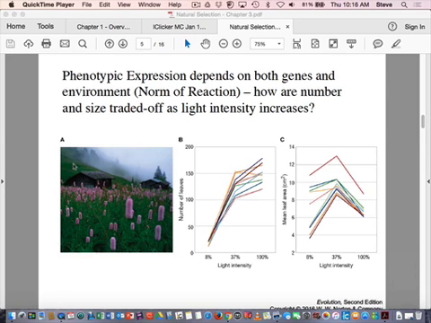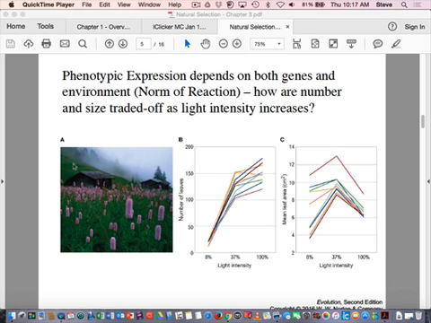And this is an extremely common phenomenon in nature. This is what's called a size-number trade-off, right? As you start producing a high number of things, often the size is affected. And we'll be talking a lot about what are called trade-offs. You can produce a lot of leaves, but the mean leaf area is much smaller.